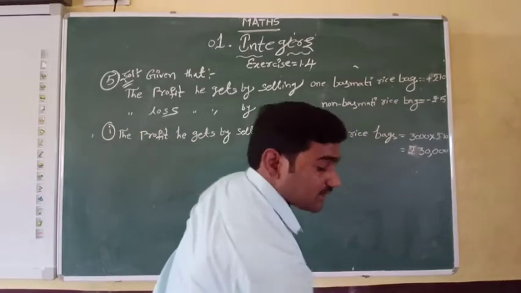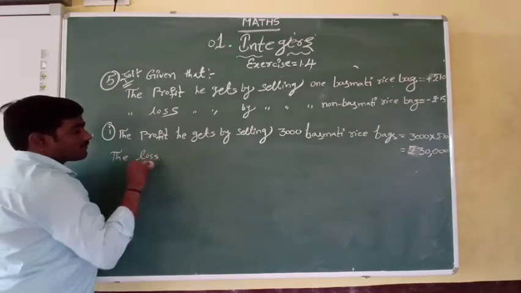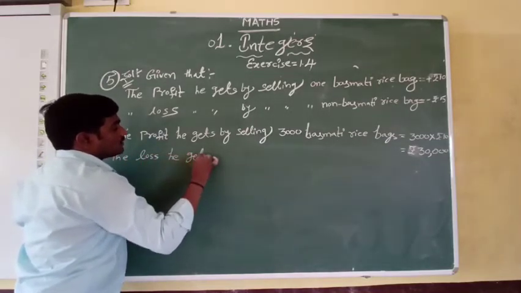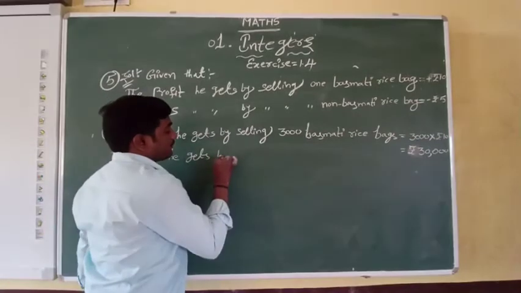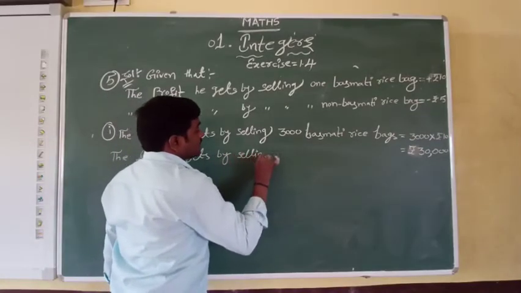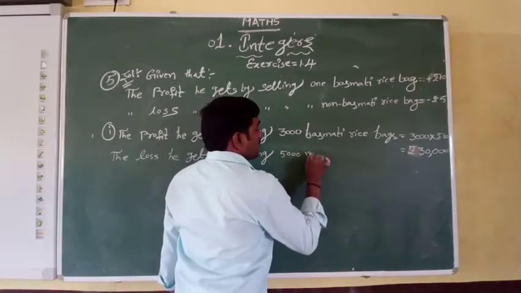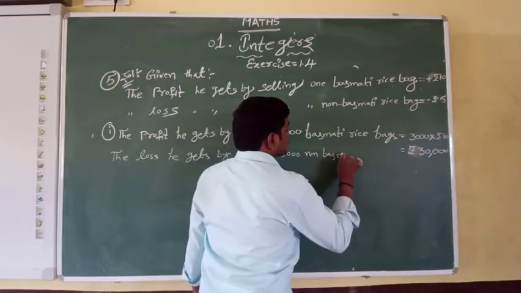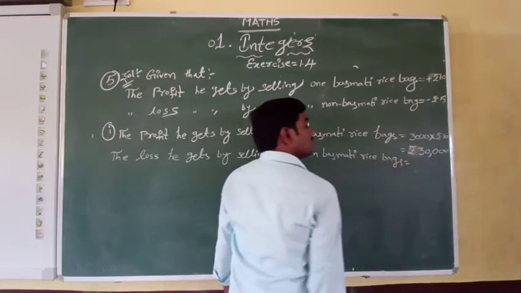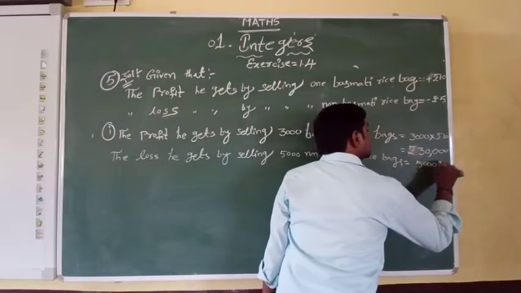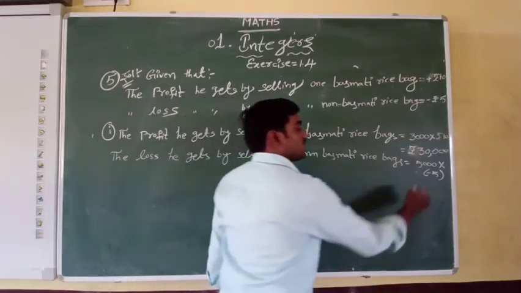So he also got a loss. How much? Let's see. The loss he gets by selling 5,000 non-basmati rice bags equals 5,000 into 5 rupees loss, because each bag gets 5 rupees loss.